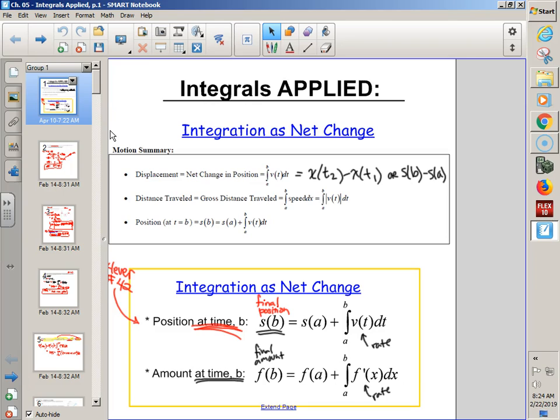All of you saw in some way, shape, or form that anti-deriving or integrating was necessary. I think integrating is probably the better way of saying that. Anti-deriving sounds more like plusy, indefinite integral.